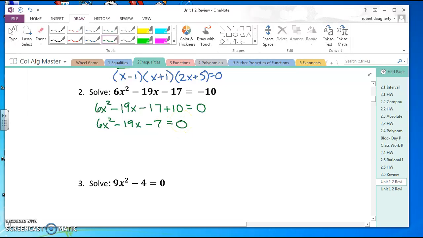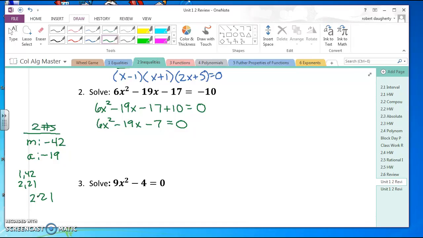Now, if this can be solved, I need to figure out 2 numbers that multiply to give me a negative 42 and add to give me a negative 19. The factors of 42 are 1 and 42, 2 and 21. That's going to be it. So 2 and 21 with a negative in front of the 21. Add those, you get negative 19. Multiply those, you get negative 42.